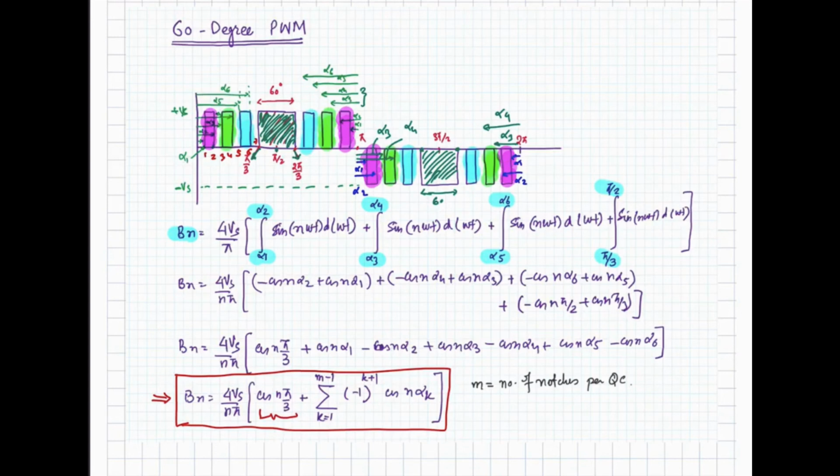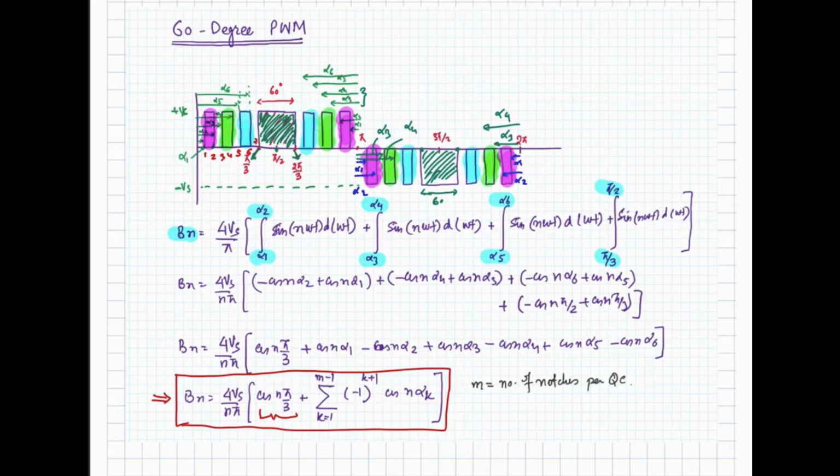Instead of having the runtime calculation, you will be using the calculated angles and you will be generating gate pulses for your inverter circuit. So for implementation with a low computational power microcontroller and processor, this is the best PWM technique.